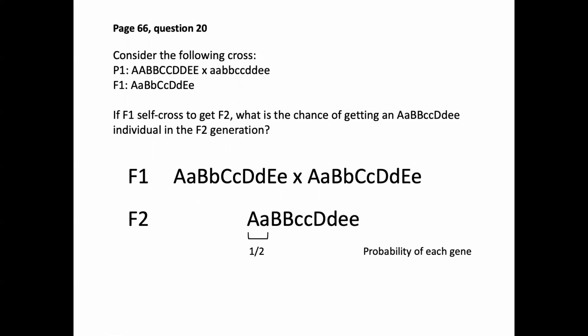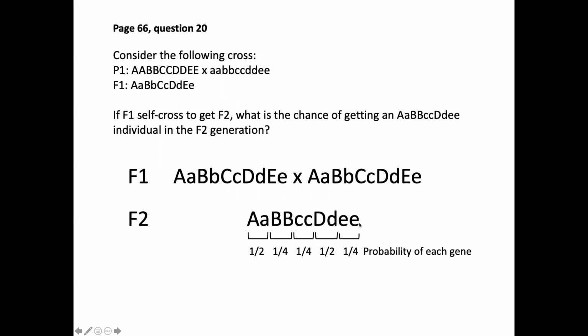To get this heterozygous Aa, the probability is 50%. To get this homozygous bb is 25%. And this homozygous small cc is again 25%. And this heterozygous Dd is half, 50%.